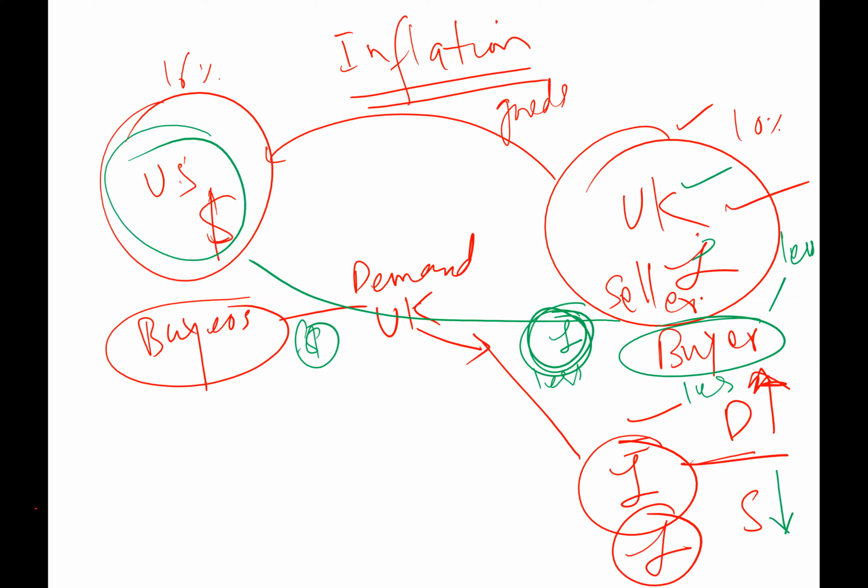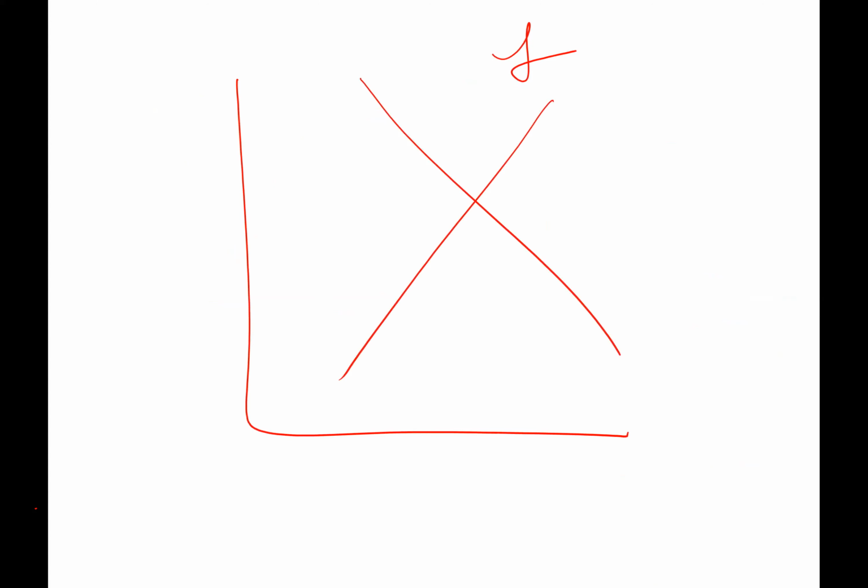Understand? So now let's convert this into a graph. So this is the market for pound. So demand increased. Oh, this is supply. So demand increased.